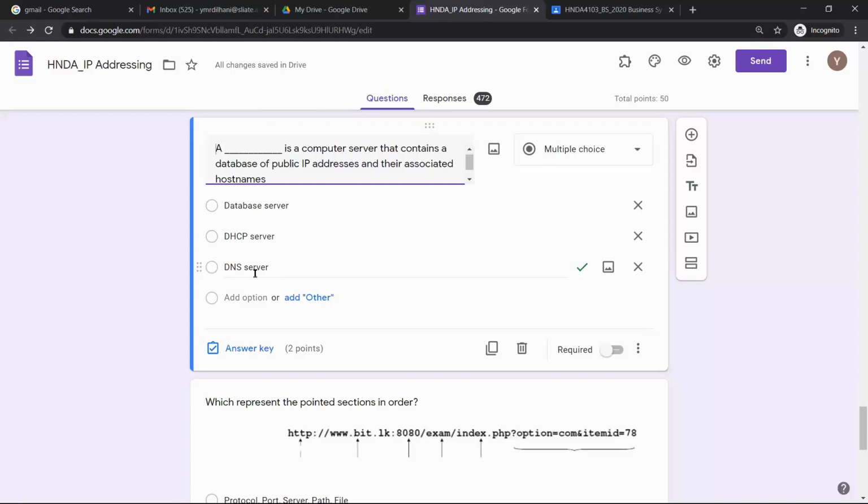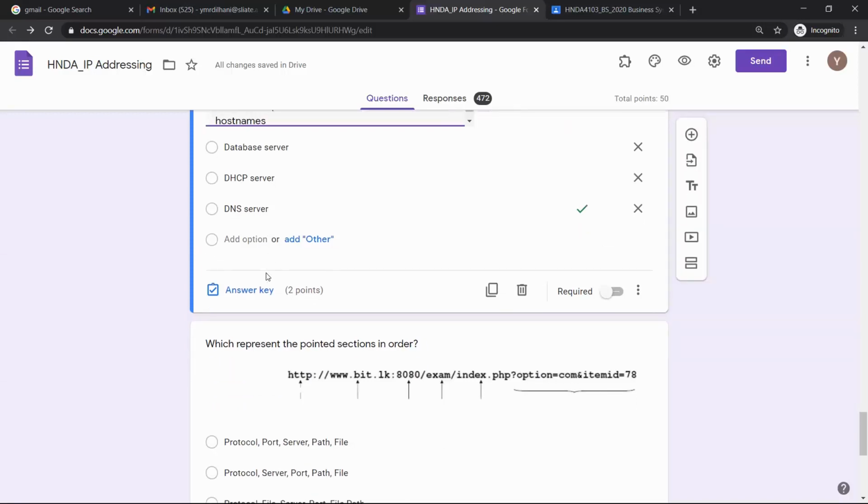This server is the one which has the database of IP addresses and host names, because we have already said that the domain name system converts names into IP addresses, and it has to have a database to do that. So this is the place where that database is, right? So remember, this DNS server contains a database of addresses associated with the host names. Okay.